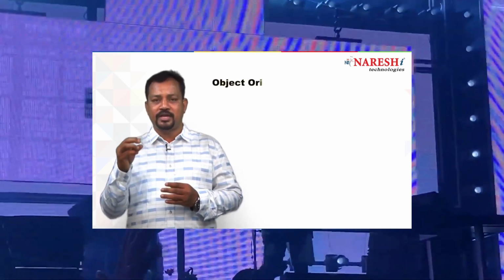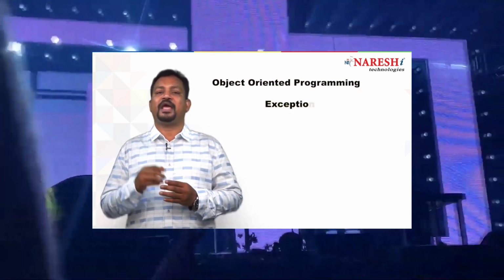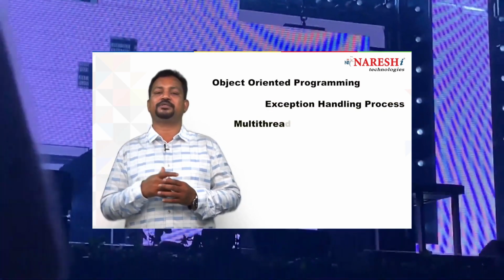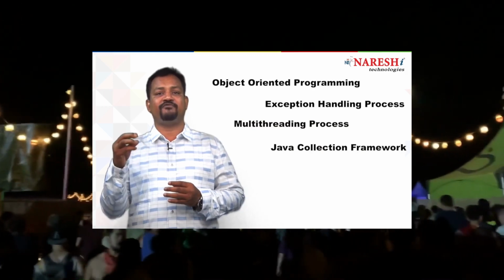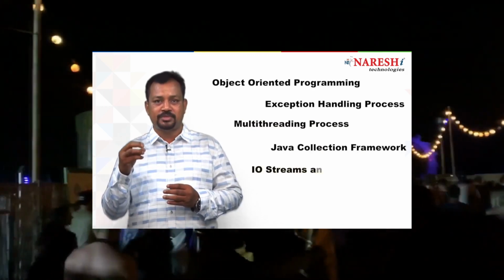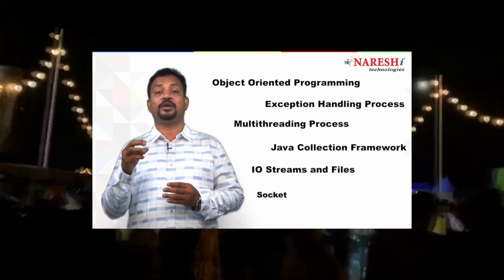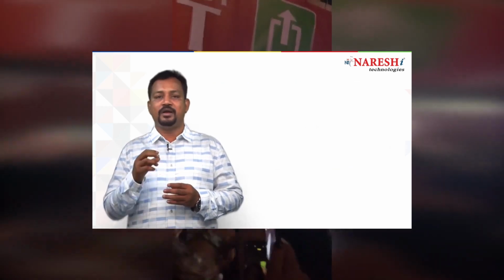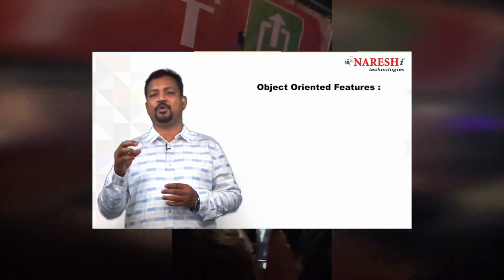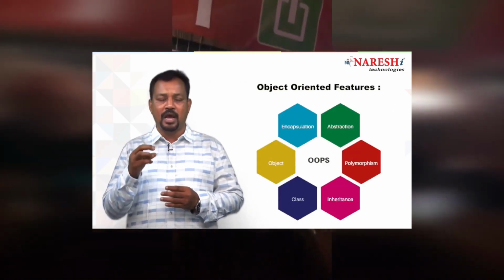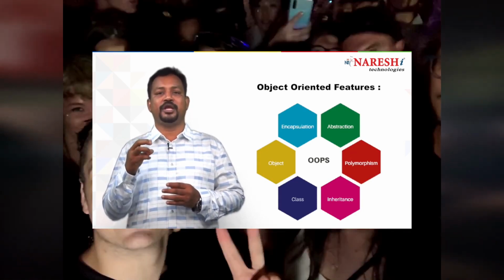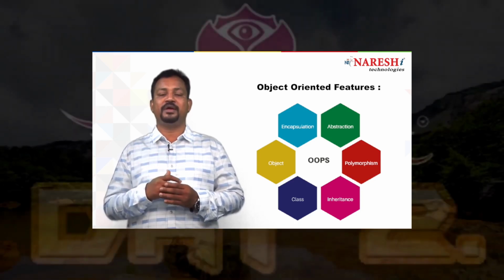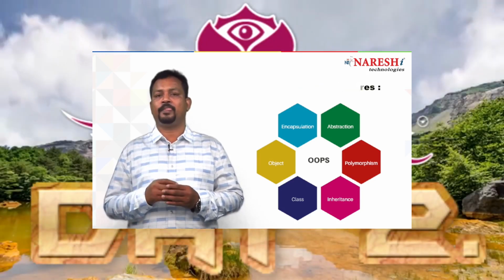Under programming concepts: object-oriented programming concept, exception handling process, multi-threading process, Java collection framework, I/O streams and files, and socket programming. Under object-oriented programming features: class, object, abstraction, encapsulation, polymorphism, and inheritance.